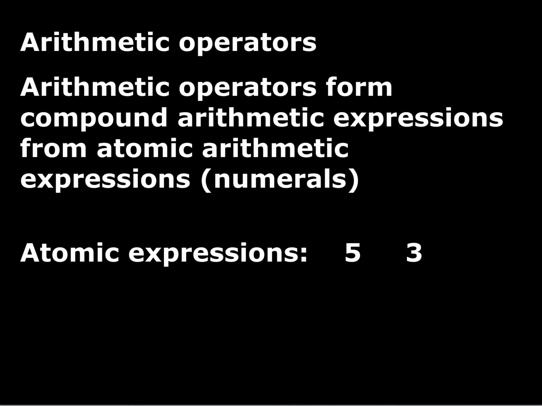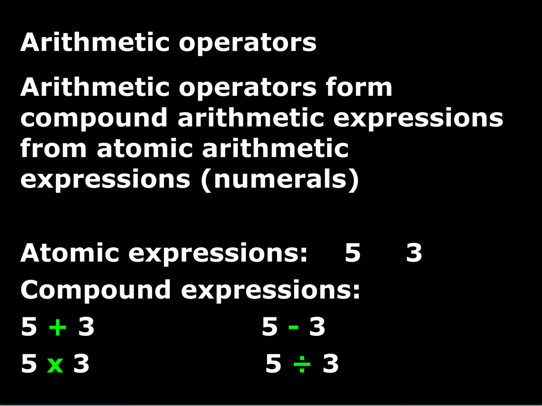So for instance, here's a couple of atomic arithmetic expressions, 5 and 3, the numerals. I can use these operators, addition, subtraction, multiplication, division, to form a compound arithmetic expression, 5 plus 3, 5 minus 3. Okay, and everyone's familiar with this.